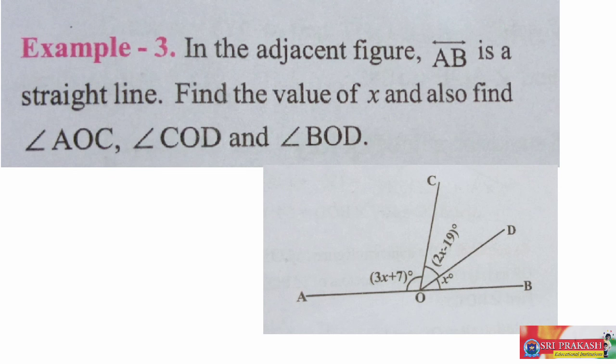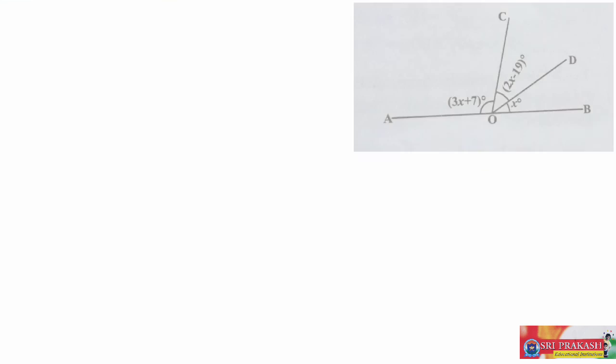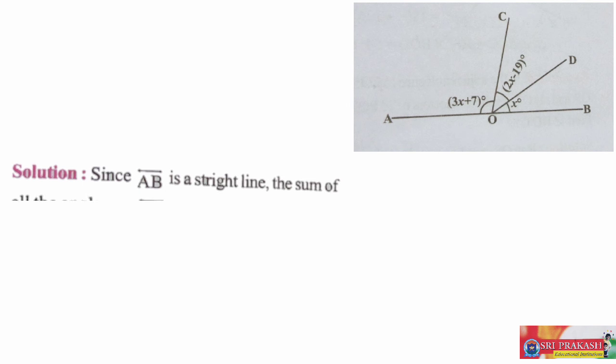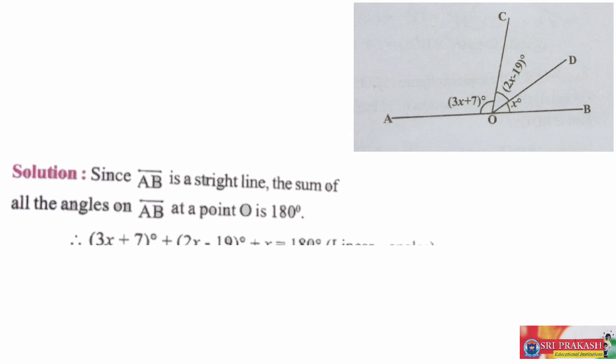Using these concepts, find the value of x from the figure. You can use pairs of angles concepts for solving this problem. From the figure, AB is a straight line. The sum of all the angles on AB at point O is 180 degrees.